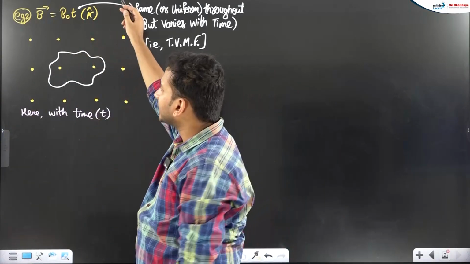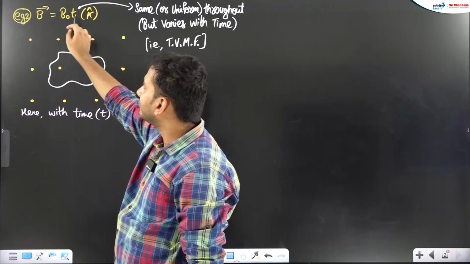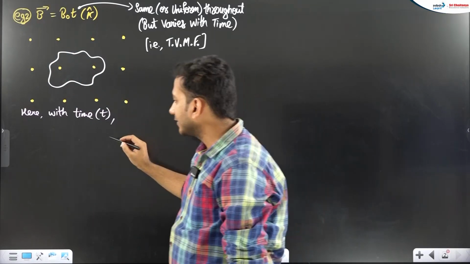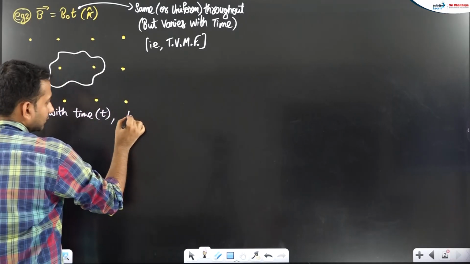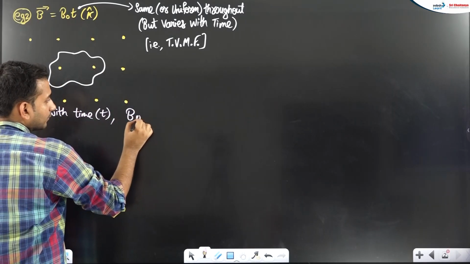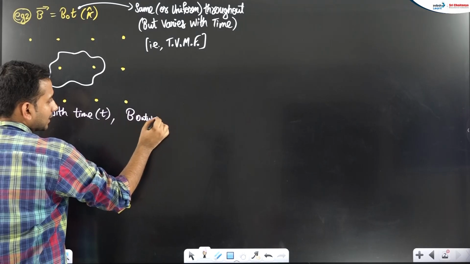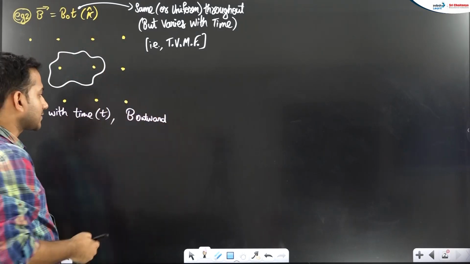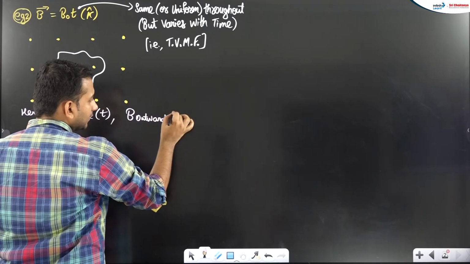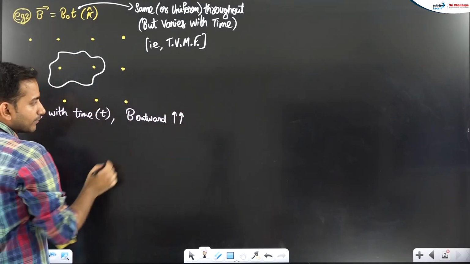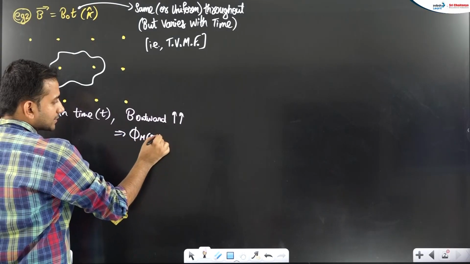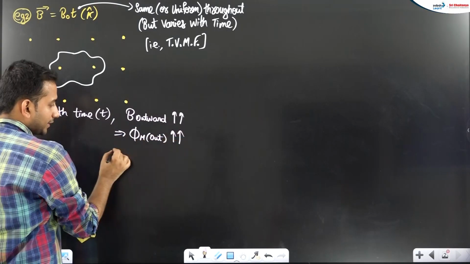So with the increasing time, you will realize that this magnetic field is directly proportional to the time. So with time, the magnetic field increases. The outward magnetic field, dot means outwards or K cap means towards us. So outward magnetic field increases. If outward magnetic field increases, this implies the outward magnetic flux increases.